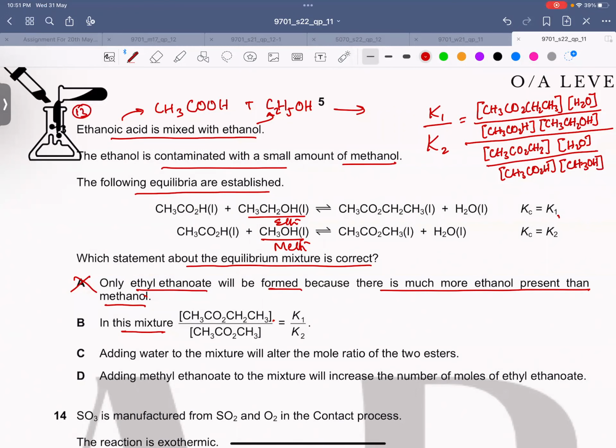So if you see, this would get cancelled, this would get cancelled, but these four things would be left behind, and here they have shown us two things, so B goes wrong.